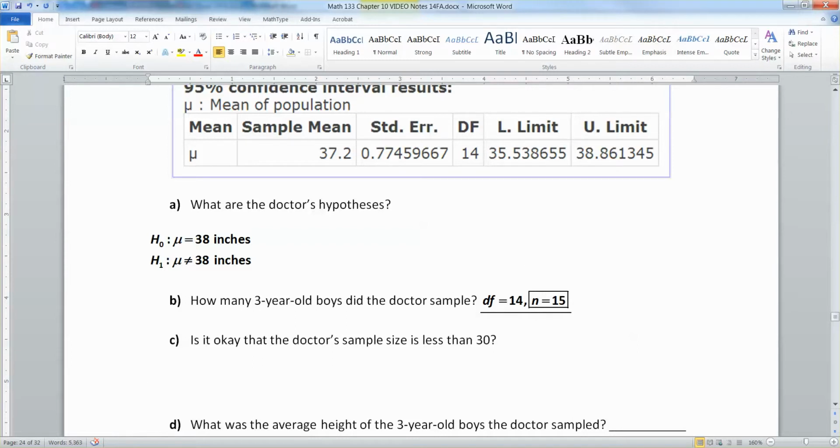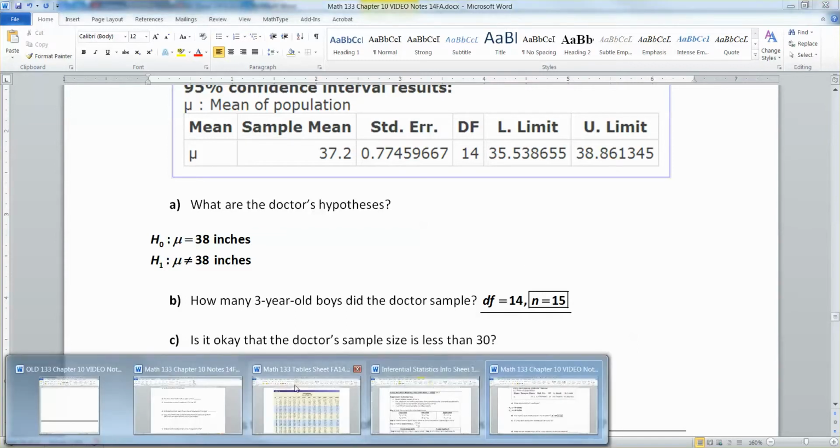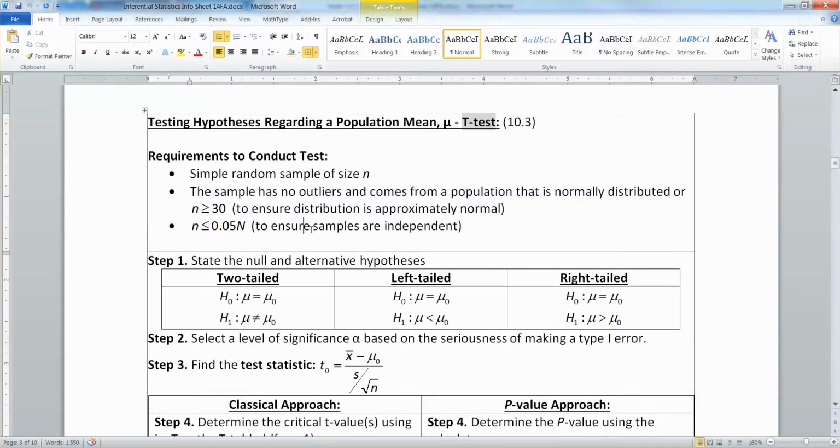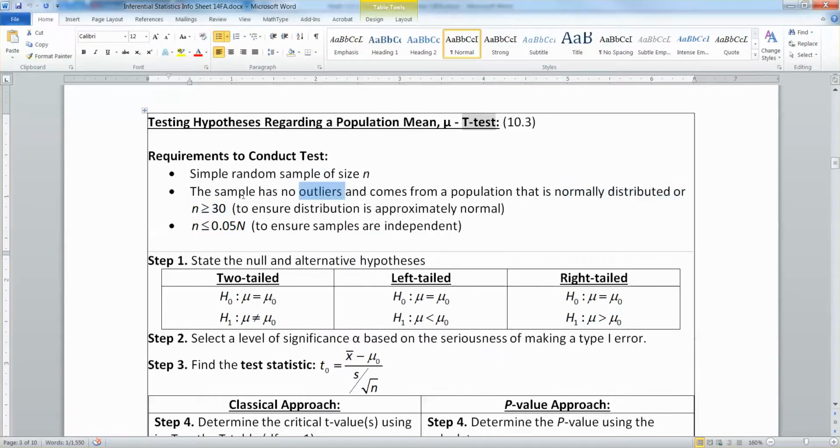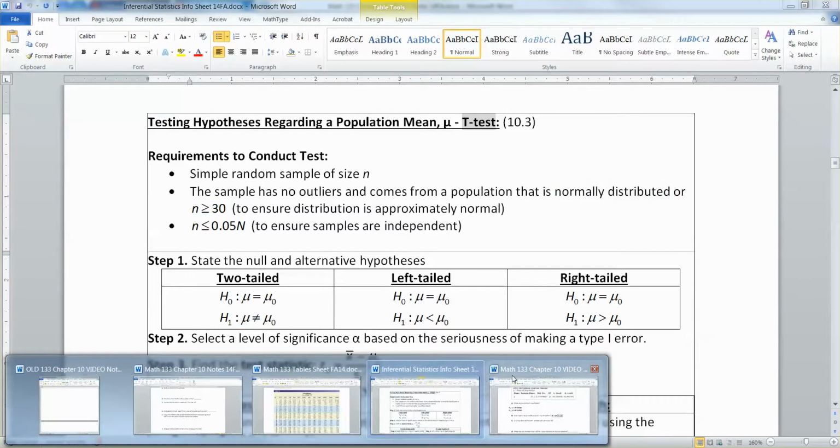And the answer is, yeah, it's all right, because it says right here, it has to come from a normal distribution or be n greater than 30. The outliers condition goes hand in hand with the normal part. So it's okay that n is less than 30 as long as we know that it's normal. And we do. We know that this is normally distributed.